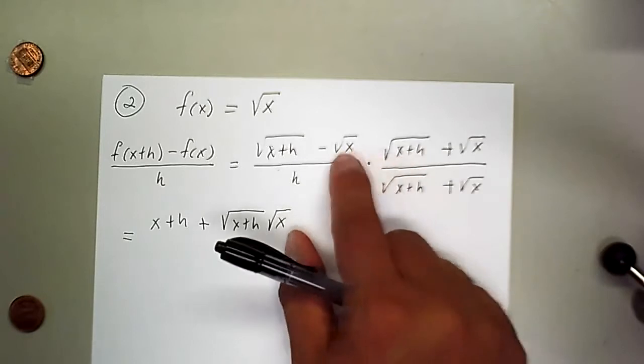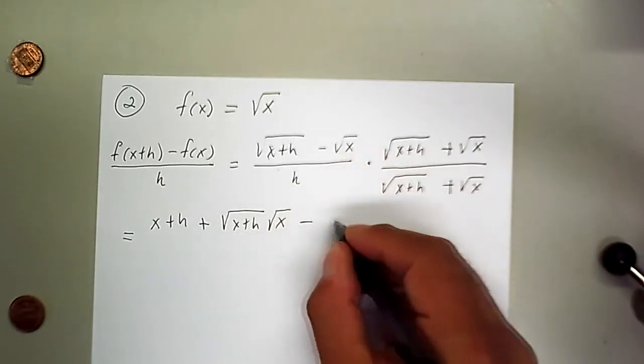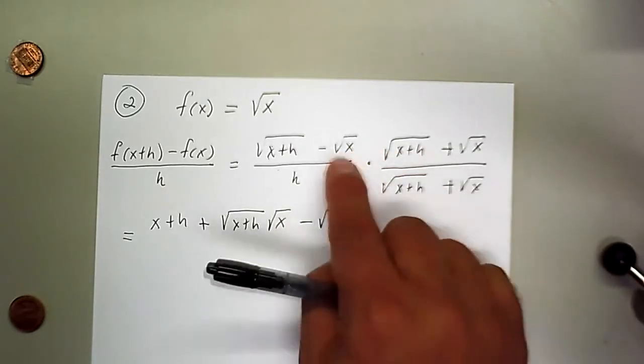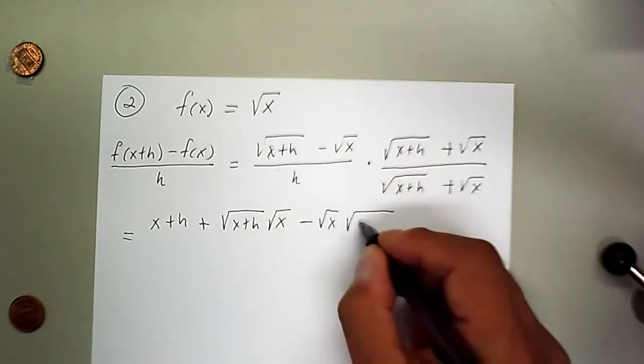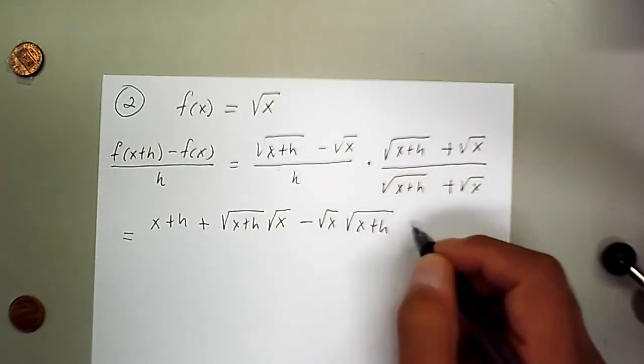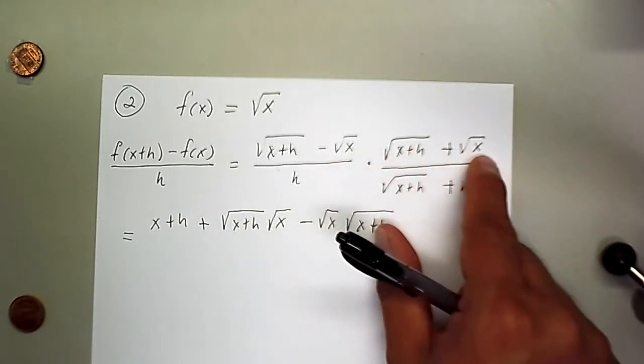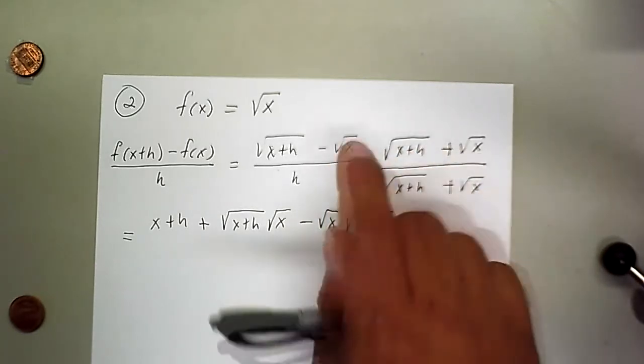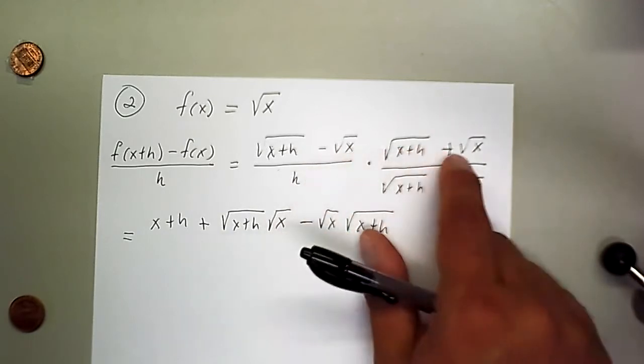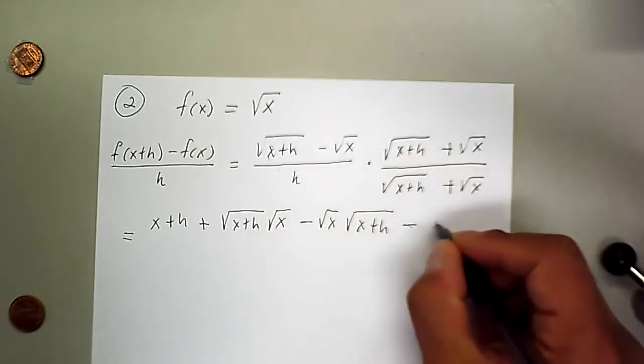And then the inner terms will be minus square root of x times the square root of x plus h. And then the last terms, well, the root of x times the root of x is x. But then we have negative times positive, so we have minus x.